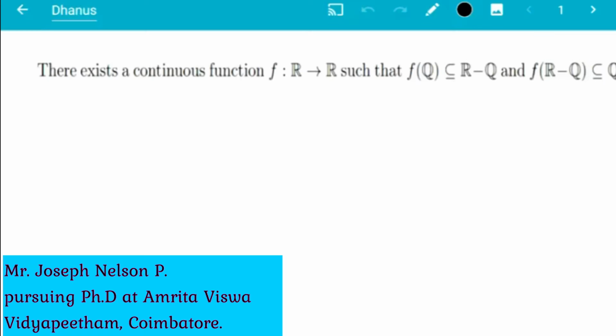Thank you. Today I would like to discuss a few problems from the entrance examinations of the Tata Institute of Fundamental Research and NBHM. This is a true or false question.